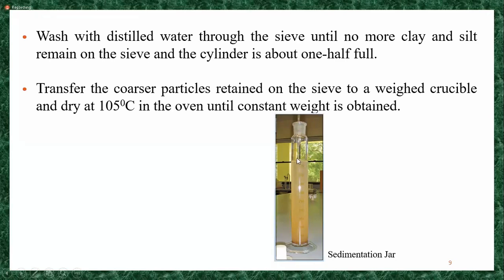After removing all the organic matter and calcium carbonate, we have to transfer the soil into this jar and we are going to add the Calgon. Carefully observe this one because sometimes it will come in your spot examination.